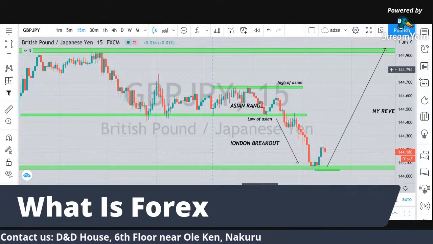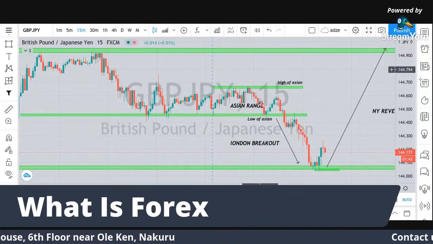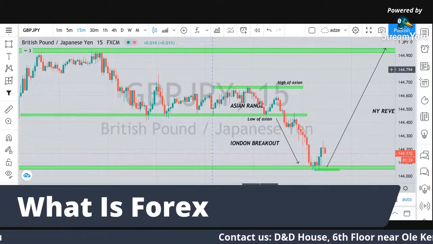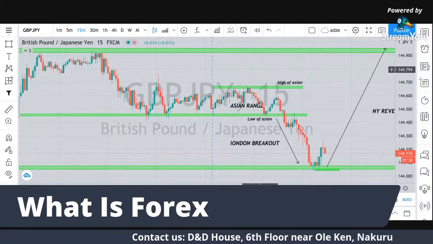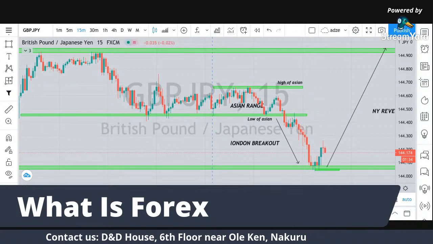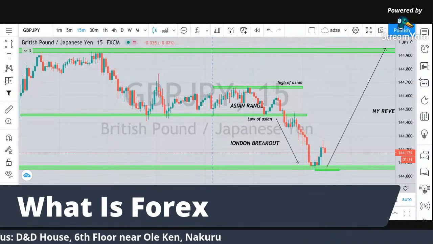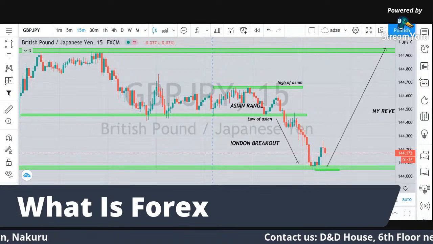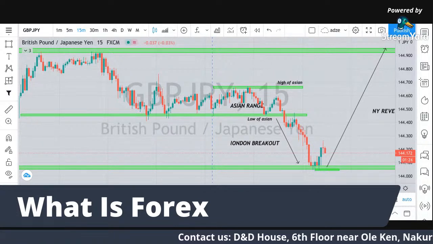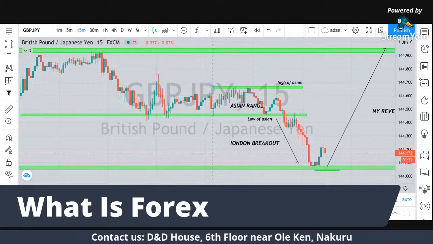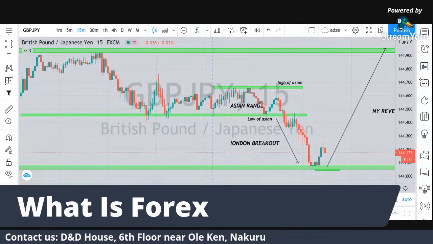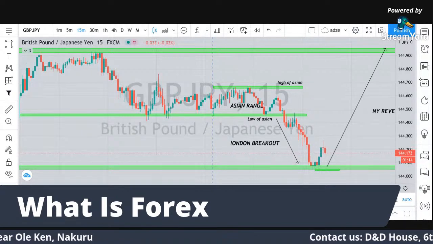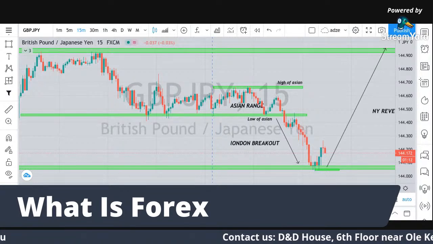What you need next is a broker. There are several brokers in Kenya. There is EGM, there is Scope Markets. All of them have offices in Kenya. I do recommend Exness. The reason is that their spreads are quite good, quite low compared to EGM.